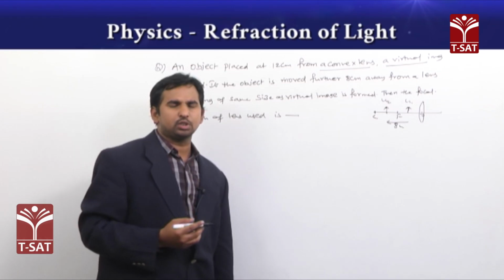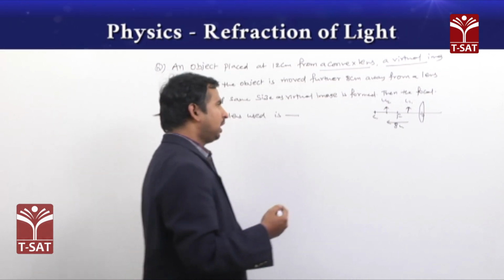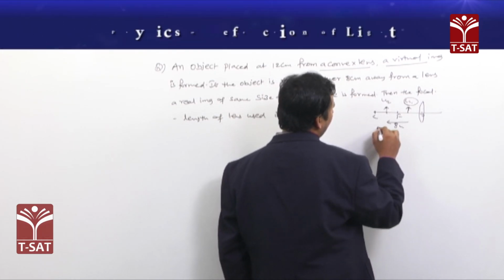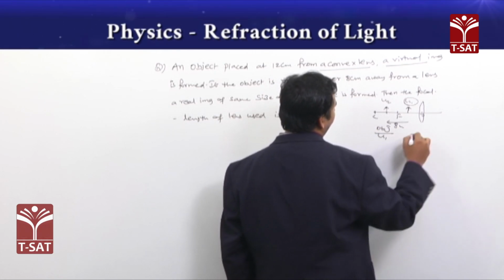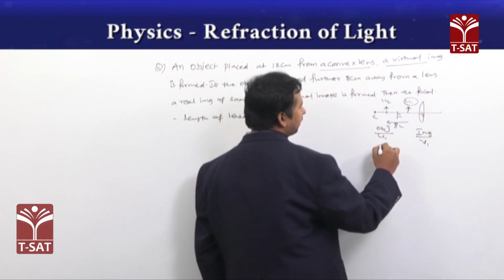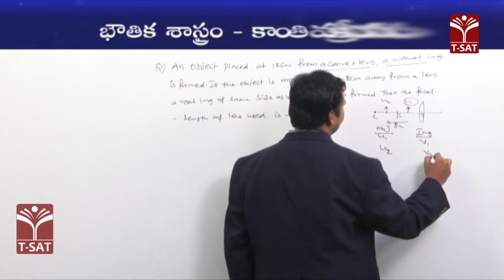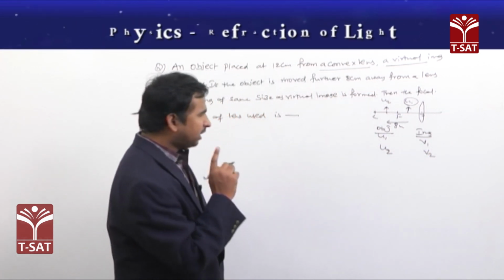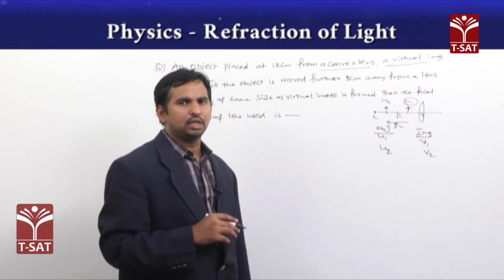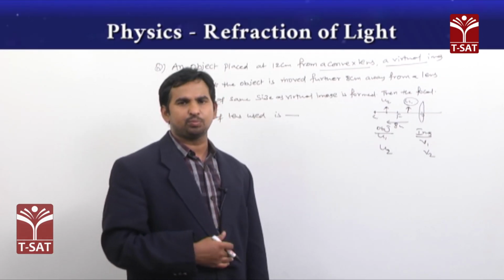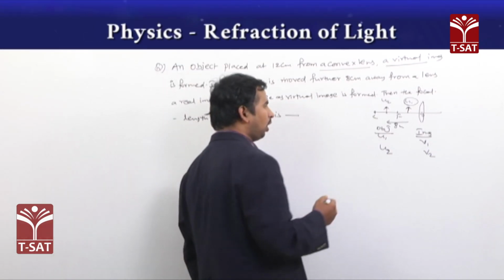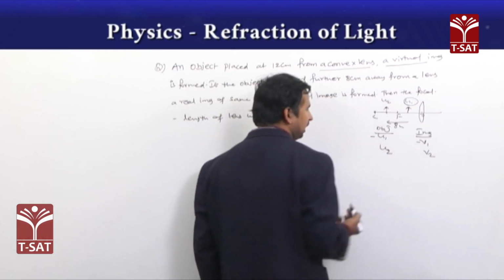For the first position and the second position of the object, let us suppose the object distance is U1, and the corresponding image distance is V1. Then in the second case the object distance is U2 and the image position is V2. In the U1 case, as the object is near the lens, the image formed is an erect image, on the same side, so the sign convention for the object distance and the image distance is minus in both cases.